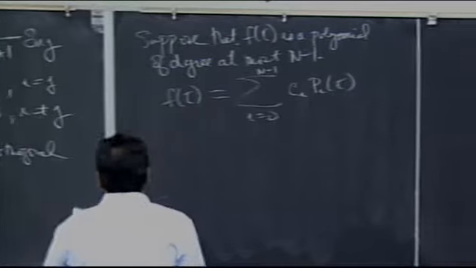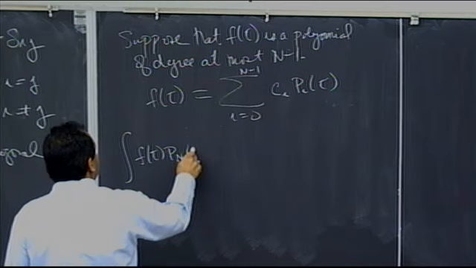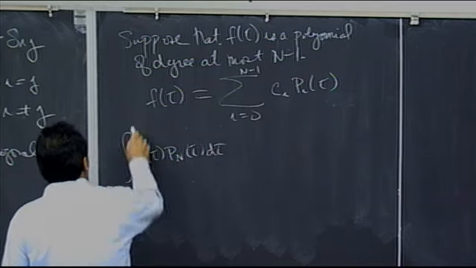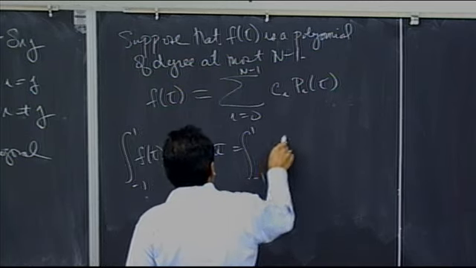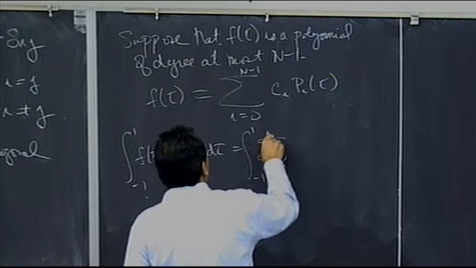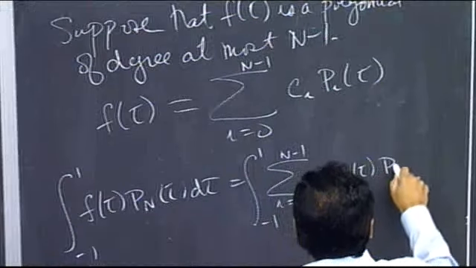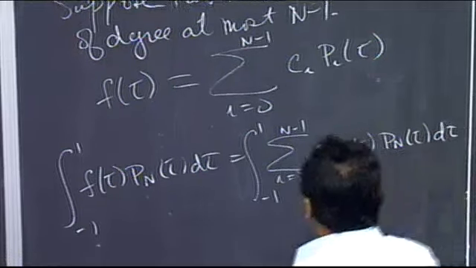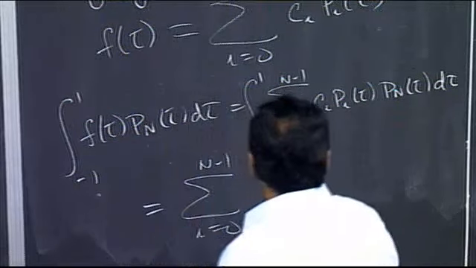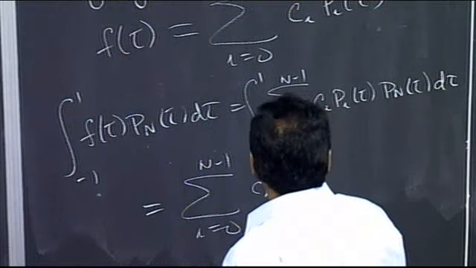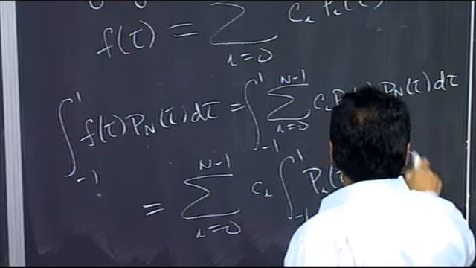So you could see that if I take the integral of f of tau, Pn of tau d tau, from negative 1 to 1, that's equal to the integral from negative 1 to 1 of the sum from i equals 0 up to n minus 1 of ci Pi of tau times Pn of tau d tau, which is equal to the sum from i equals 0 up to n minus 1 of ci times the integral from negative 1 to 1 of Pi of tau, Pn of tau, d tau.